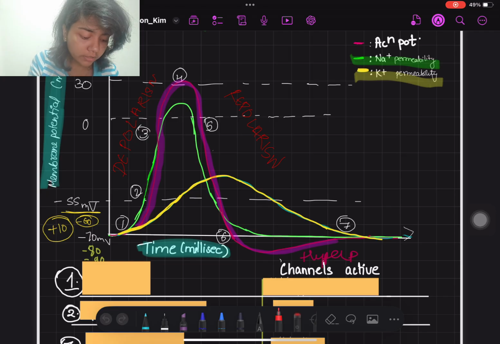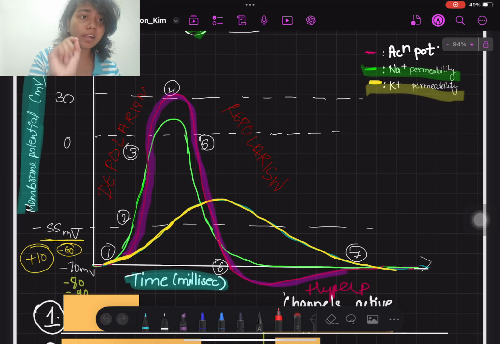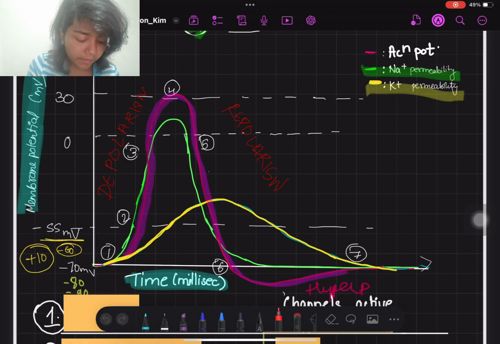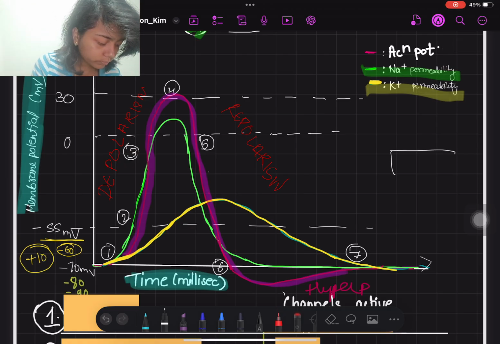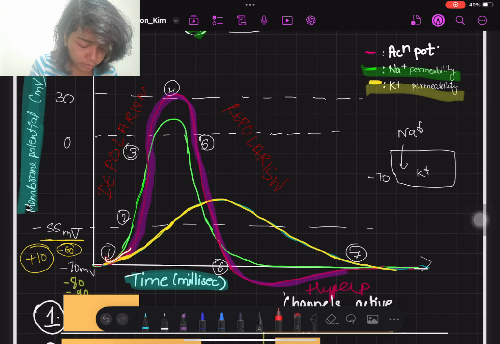Next, minus 55 millivolts is reached. Now sodium influx is happening, so you will mainly see the positive feedback of sodium. Another important point is that standard books mention that potassium was more here and sodium was more here. Sodium influx is occurring in depolarization, right? It was minus 70, and as you can see, it's becoming positive. Minus 55 is becoming positive.